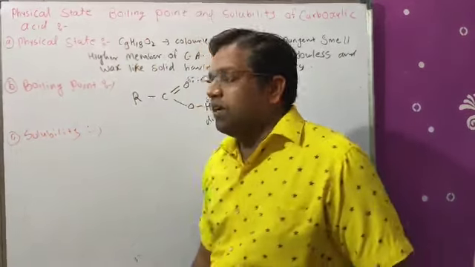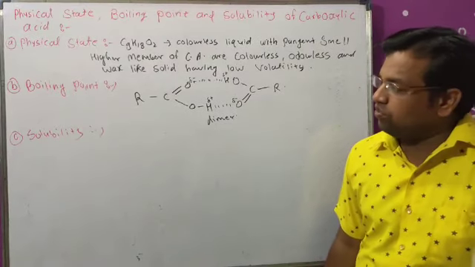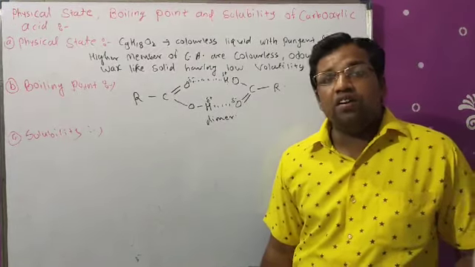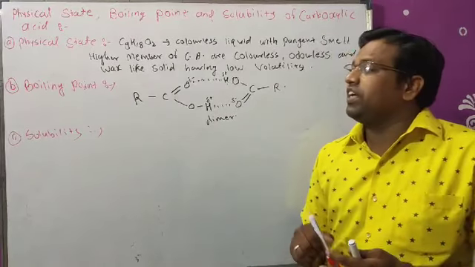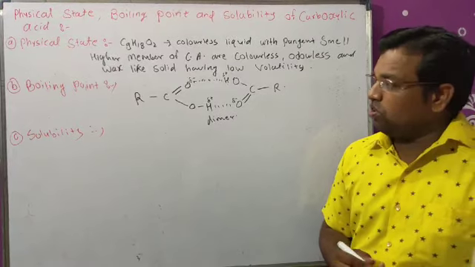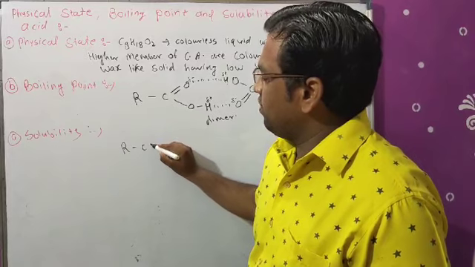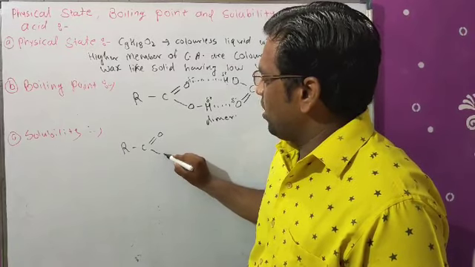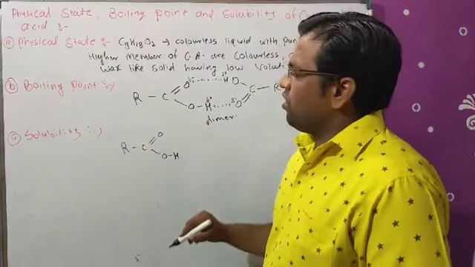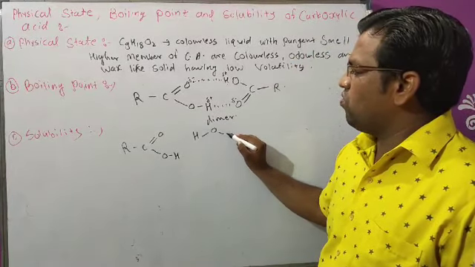Okay, in solubility we see that the first 4 aliphatic carboxylic acids are soluble in water, because they form hydrogen bonding with the water molecule. For example, RC double bond O and OH, plus water molecule, that is HOH.